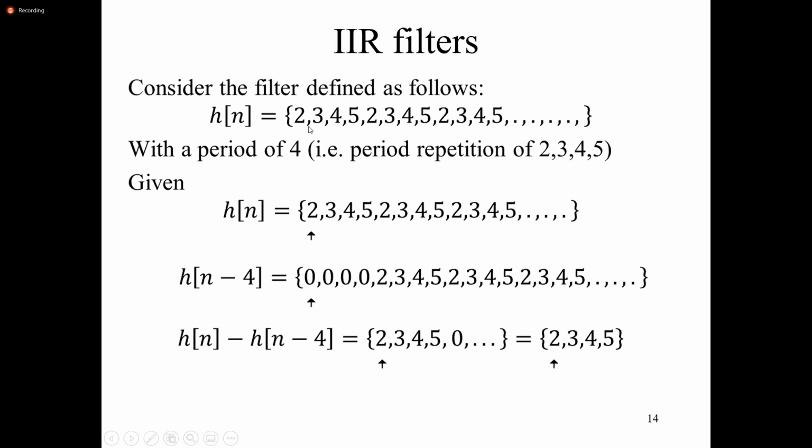Our h of n is 2, 3, 4, 5, 2, 3, 4, 5, 2, 3, 4, 5, going on forever and ever. We'll think of it as an infinite impulse response filter here. These are all the coefficients of the forward pass. And we notice that the coefficients are periodic. So 2, 3, 4, 5 repeats every four coefficients.